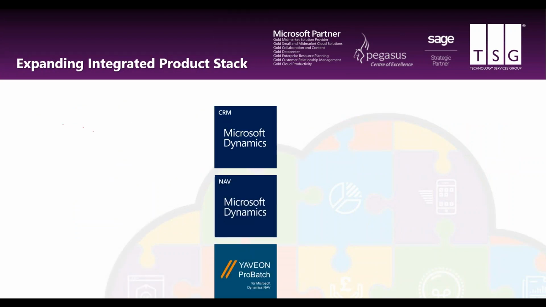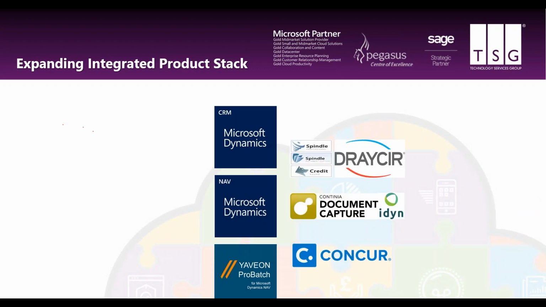In addition to that, here at TSG, we can further enhance that evolutionary process by adding better interfaces to the Dynamics CRM, indeed those coming out with the later versions of Dynamics NAV. And we have a new product called Yavium Pro Batch, which is further enhancing product tracking within distribution, warehousing and manufacturing businesses.